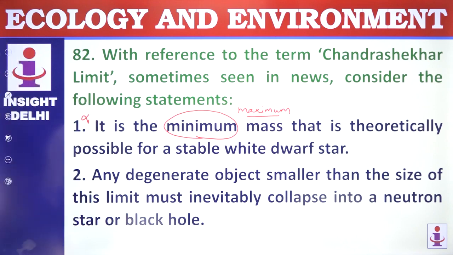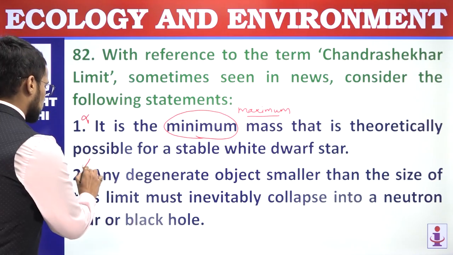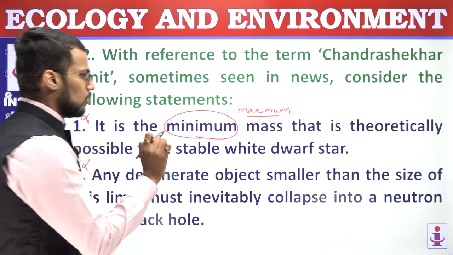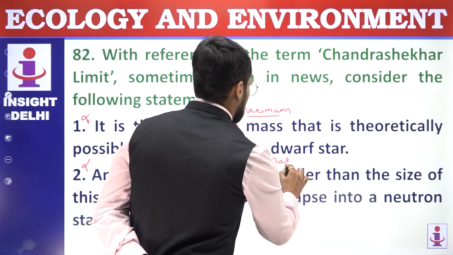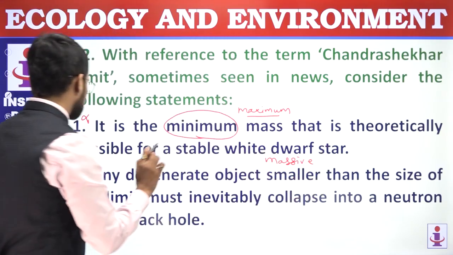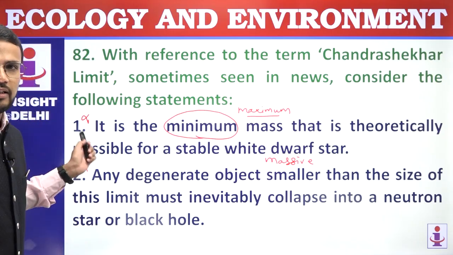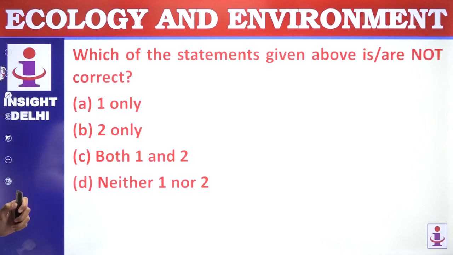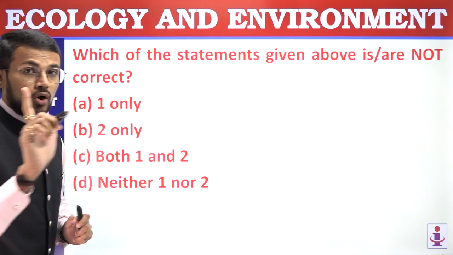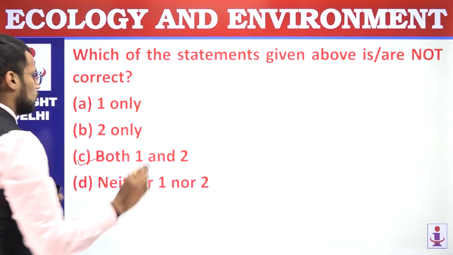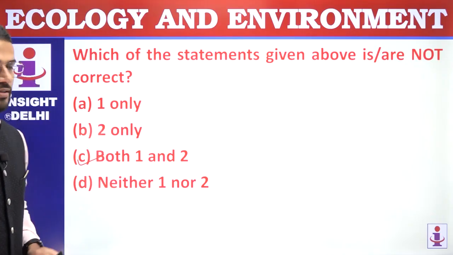Second, any degenerate object smaller than the size of this limit must inevitably collapse into a neutron star or black hole. Again, this statement is incorrect, because any degenerate object which is more massive than this limit will collapse. Fine, and that's why both these statements are incorrect. So we are supposed to find out statements which are not correct, and that's why the answer is C, both 1 and 2. Not correct is asked.